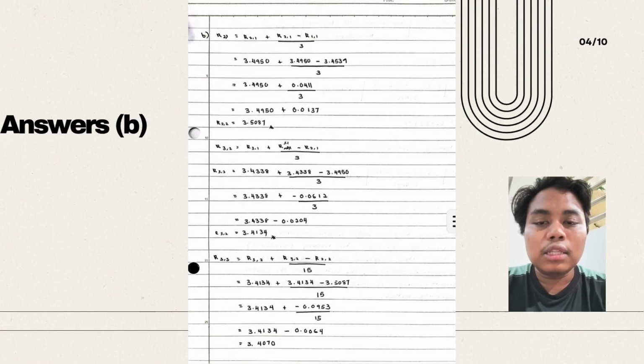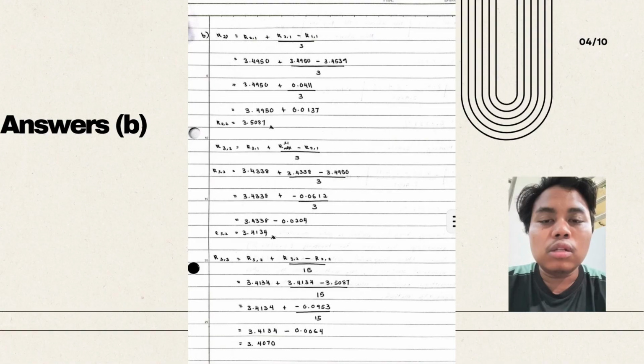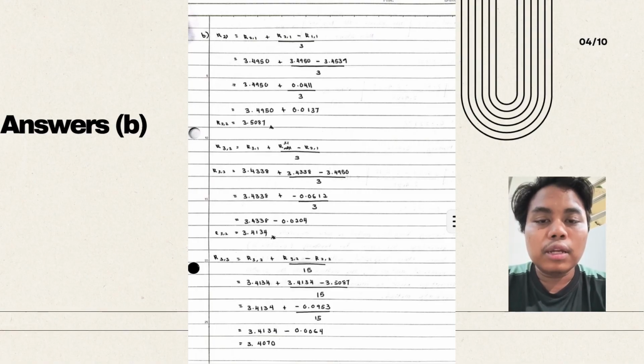Next, negative 0.0953 divided by 15 equal to negative 0.0064. Finally, R3,3 will be 3.4134 minus 0.0064. The answer will be 3.407. Therefore, the final Romberg integration result is 3.407.